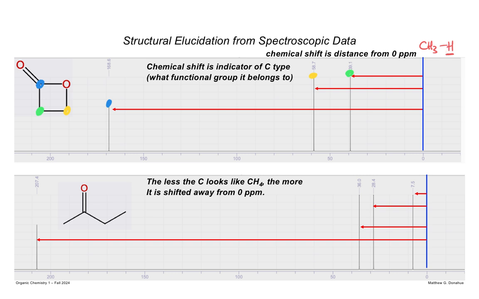From methane, you've taken an H, you've substituted it for a CH2. You've taken an H, you've substituted it for a carbonyl. So for every substitution of an H you do, it's going to move it somewhere within that spectral width.